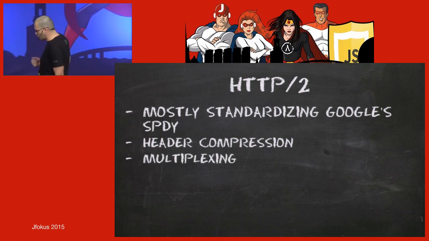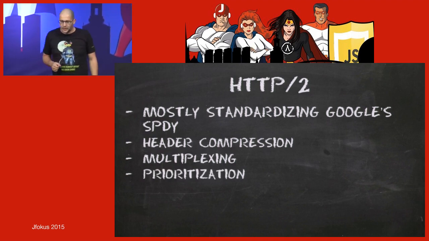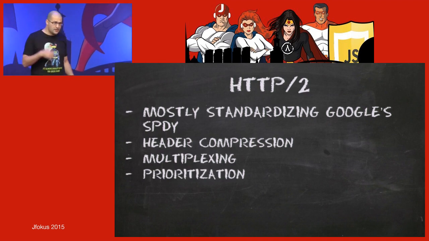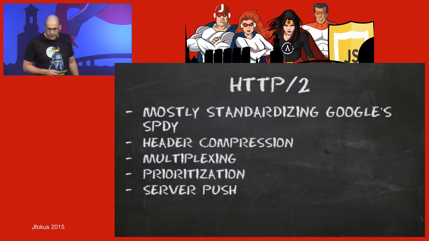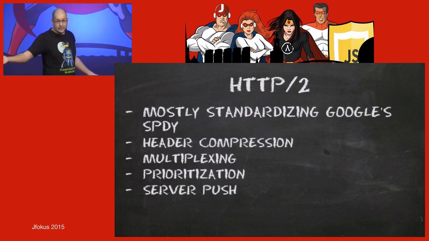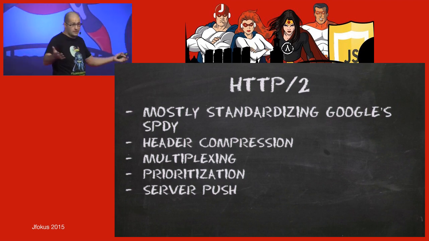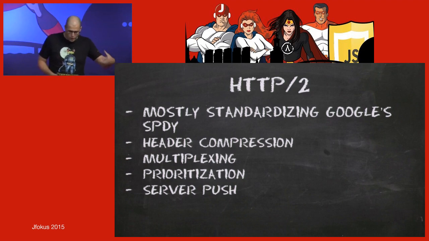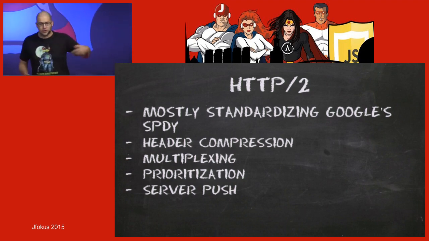Multiplexing, I'm going to show you a slide about it in a second. Prioritization, server can now decide which clients should be prioritized over other ones. Server push, this is the server socket part, right? This notion of server being able to push additional files to client.